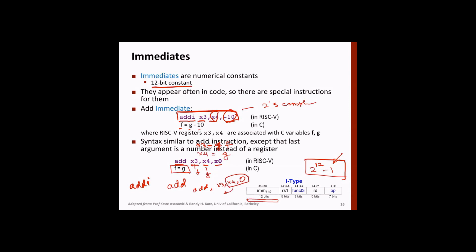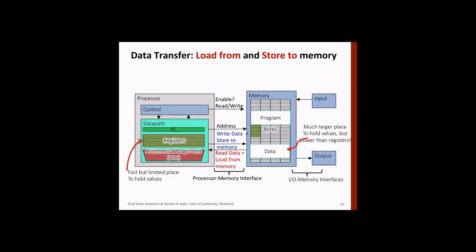This corresponds to f is equal to g. You can also use add immediate and specify value 0: add immediate x3, x4, and 0. That will also work. Any question up to this point?